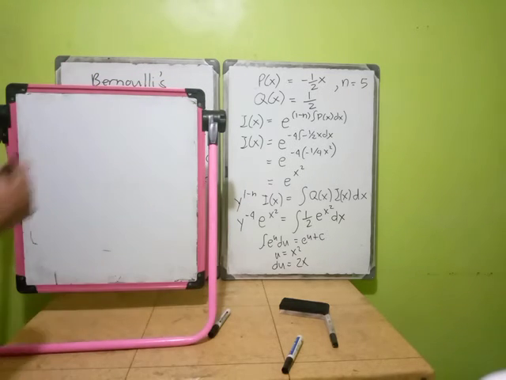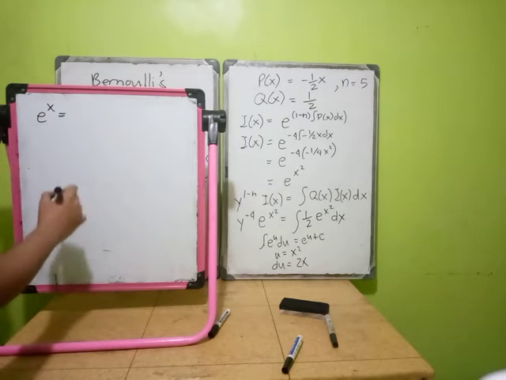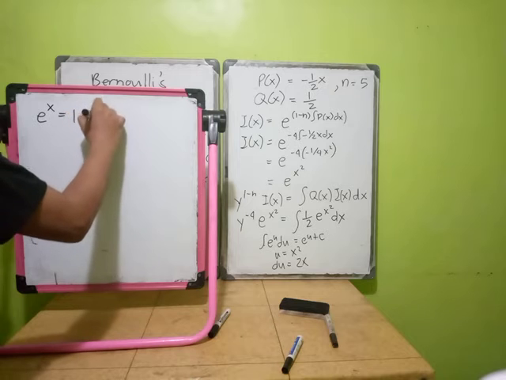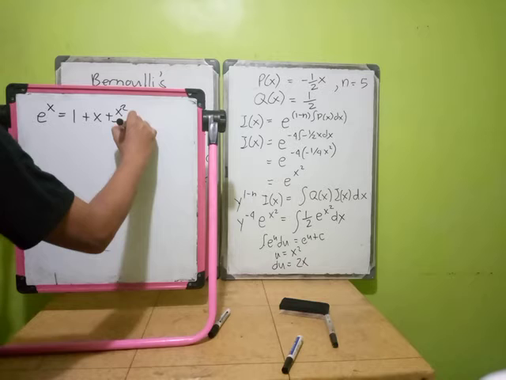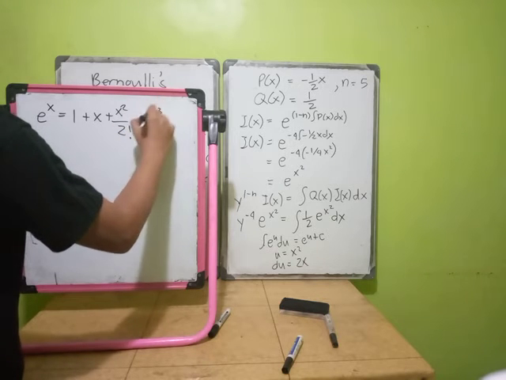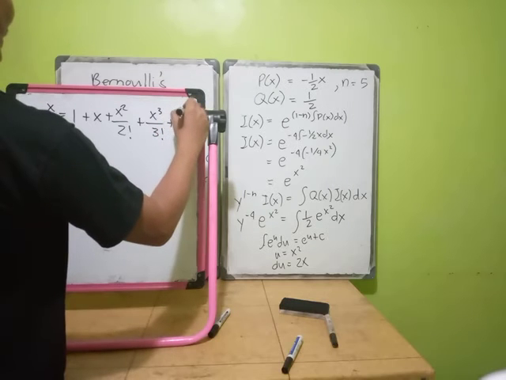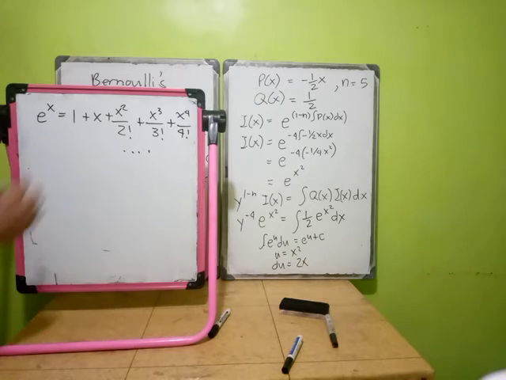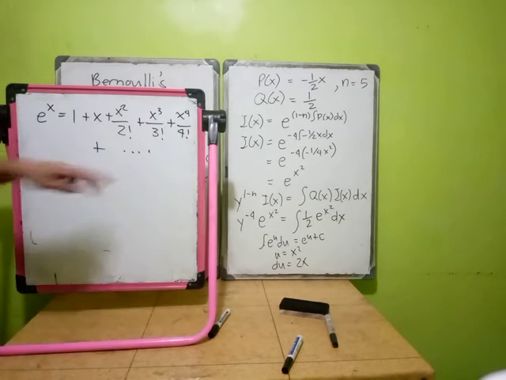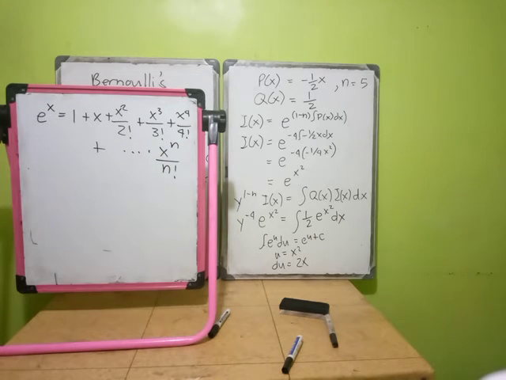Please remember that e to the power of x is equivalent to 1 plus x plus x squared over 2 factorial plus x cubed over 3 factorial plus x fourth over 4 factorial and so on, up to x to the power of n over n factorial.